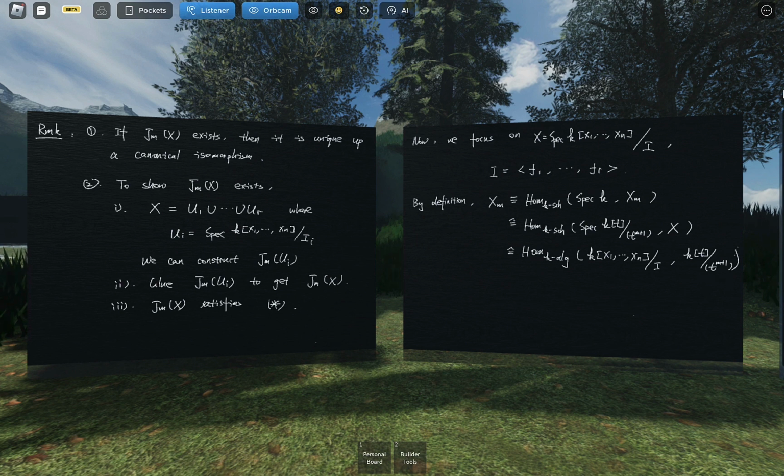Now let's give it a geometric structure, a structure of a variety. Let's construct the defining equations. So let's have a look at what an m-jet looks like.